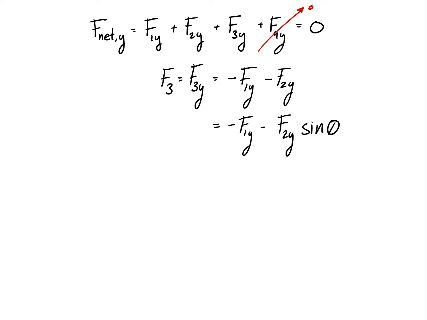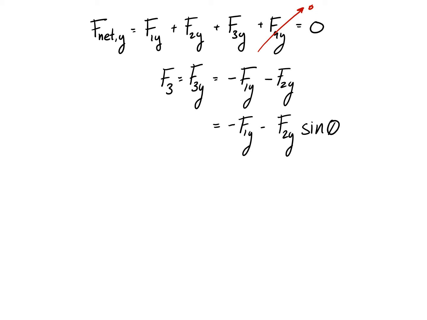Before I do that, I just want to re-explain what I've done. We're solving for force 3, which in the picture is only in the y direction. Because of that, I'm only going to be dealing with all my force values in the y direction.